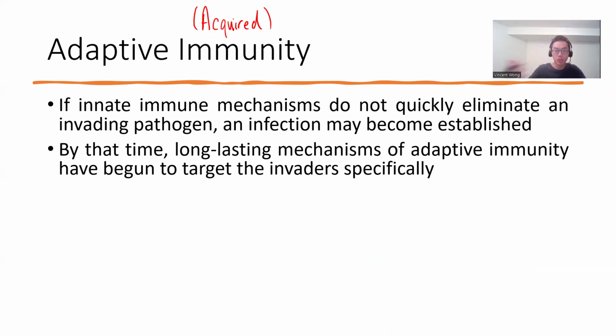You have to be exposed to the pathogens in order to build the immunity for it. If innate immunity mechanisms, such as phagocytosis, inflammation, and fever, do not quickly eliminate an invading pathogen, then we need the more long-lasting mechanisms of adaptive immunity.